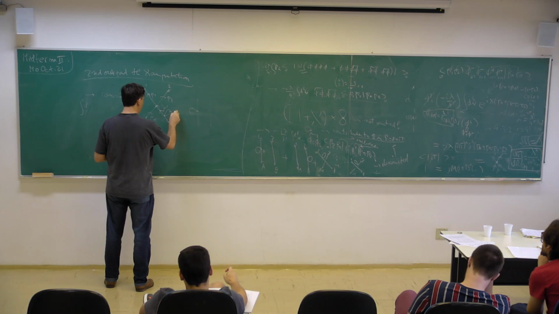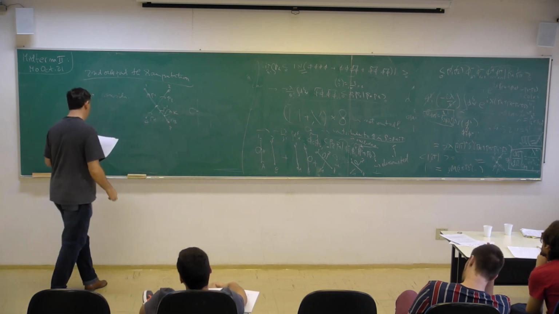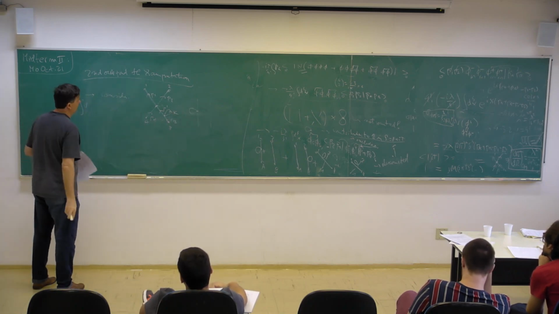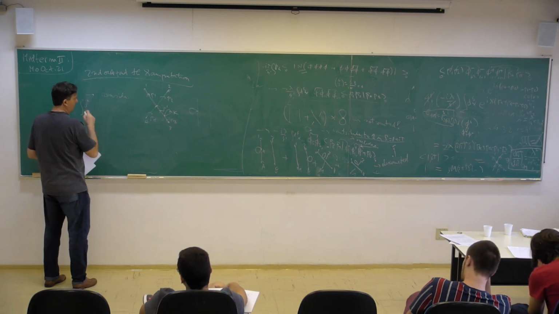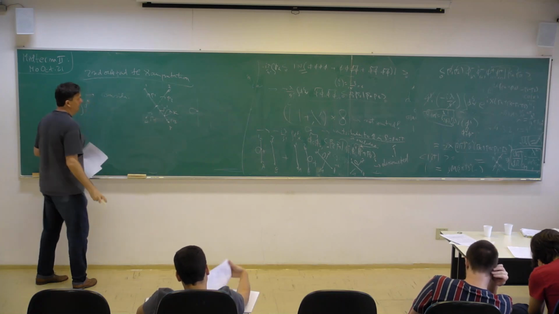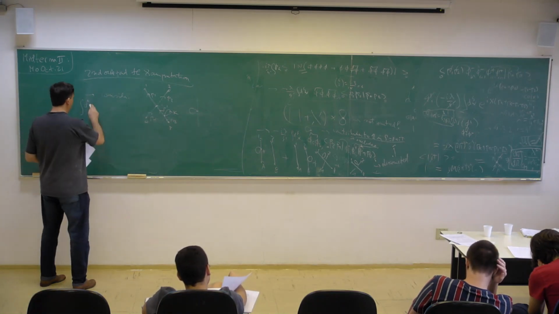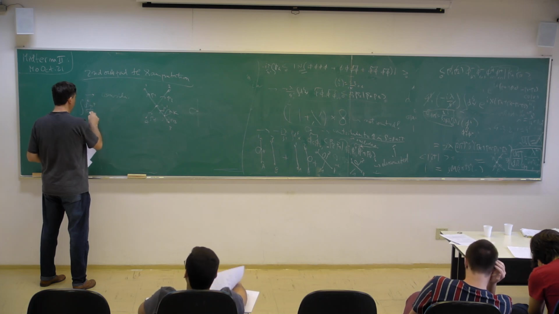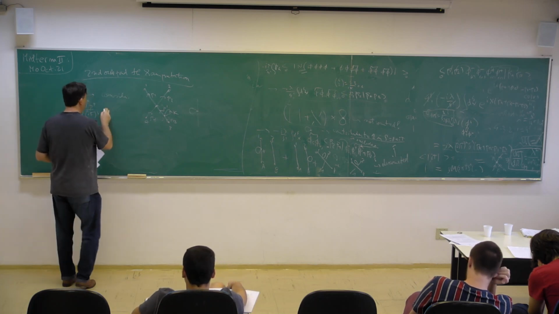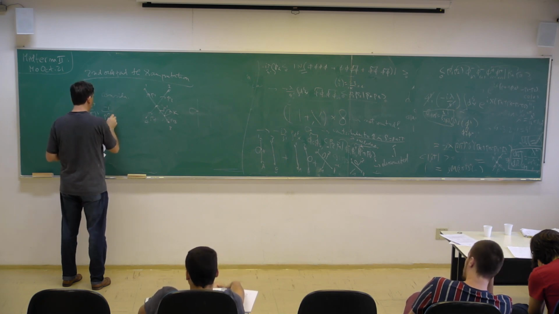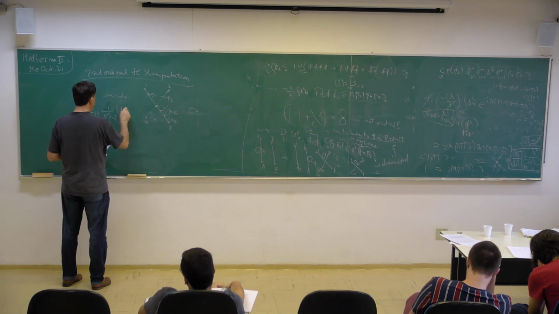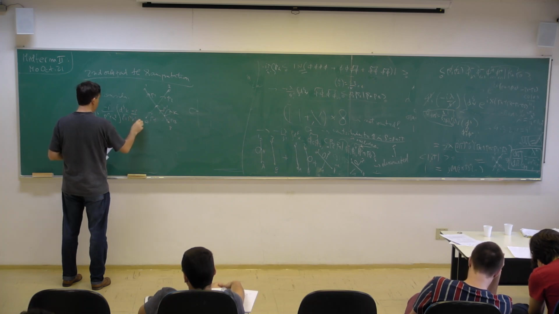And in here, let's call this K. The final integral corresponding to this would be an integral over P prime with minus i over P prime squared plus m squared, and an integral over K with minus i over K squared plus m squared.